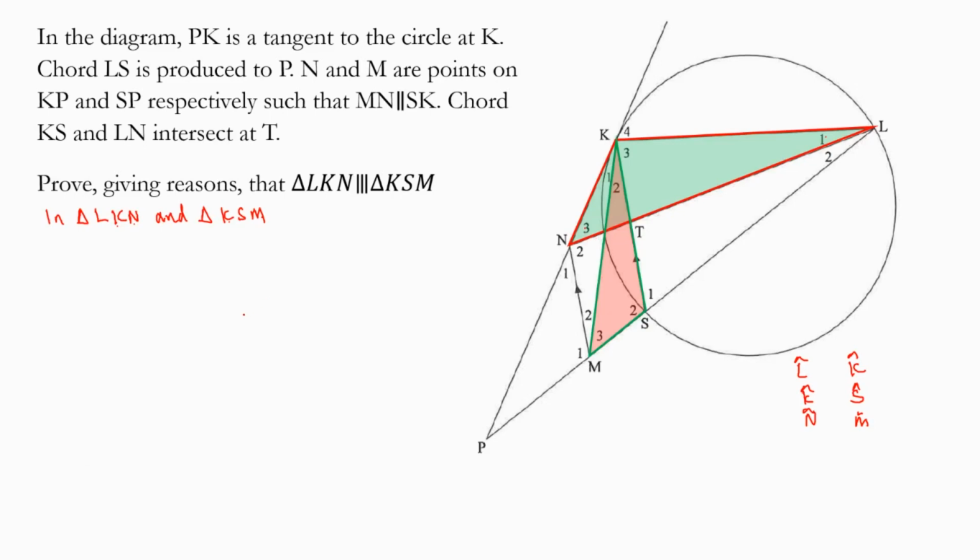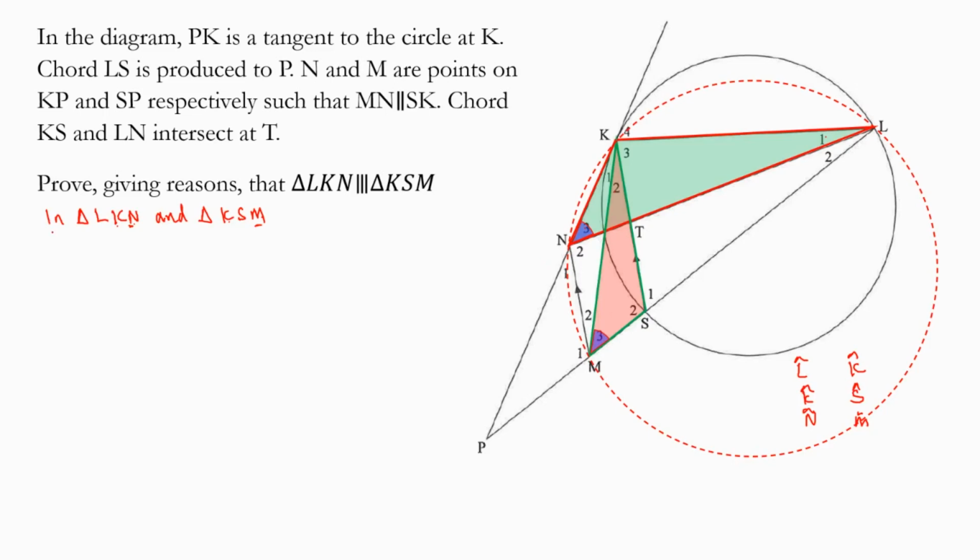Let's start with angle N3 and M3. I think these are the easiest ones. Remember, we proved that quadrilateral KLMN is a cyclic quad. So now we can say angle N3 is equal to angle M3.